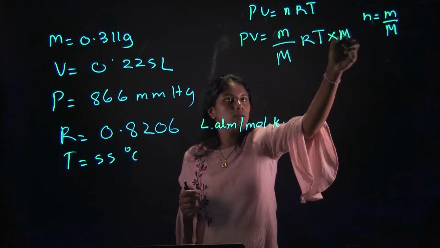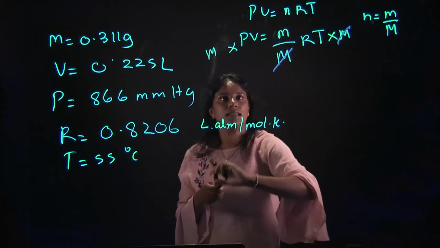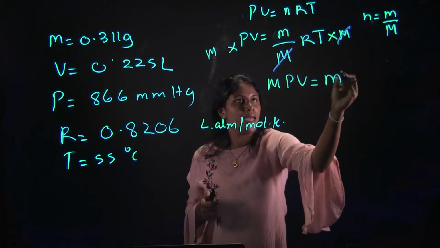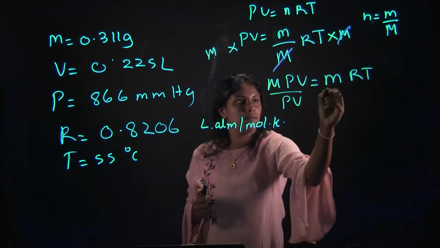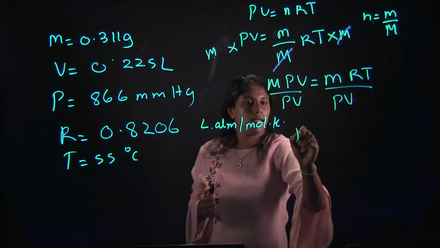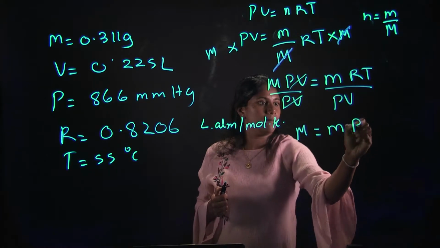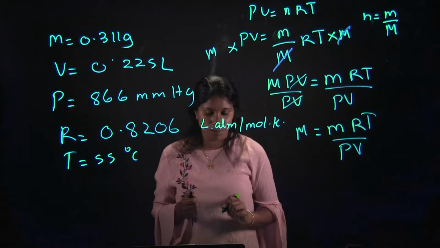Multiply both sides by molar mass, so PV times M equals mass times RT. Then divide both sides by PV, and M equals mRT divided by PV, with lowercase m as mass. In that way you can find molar mass.